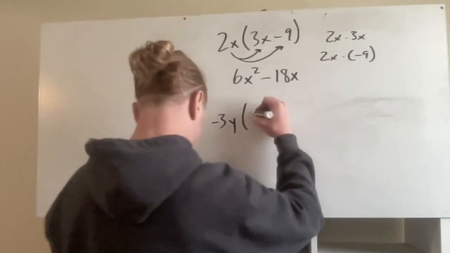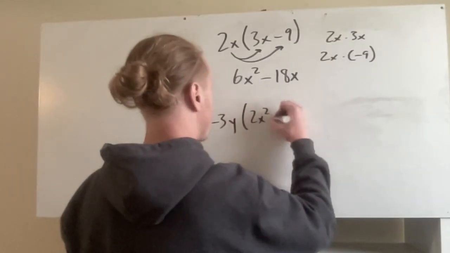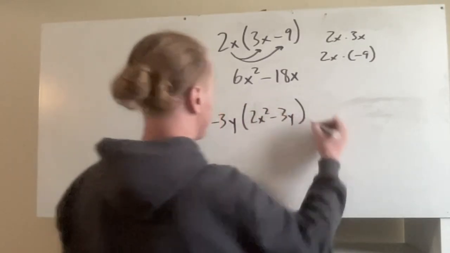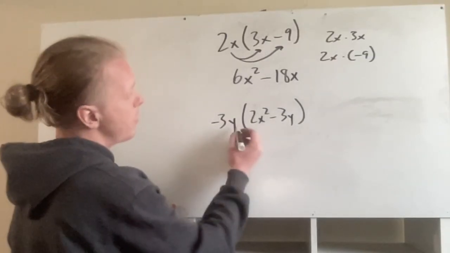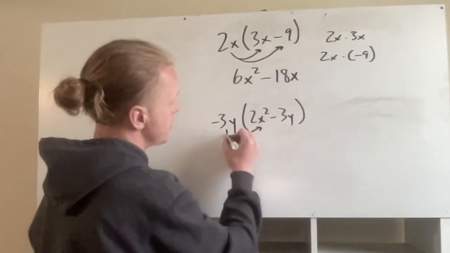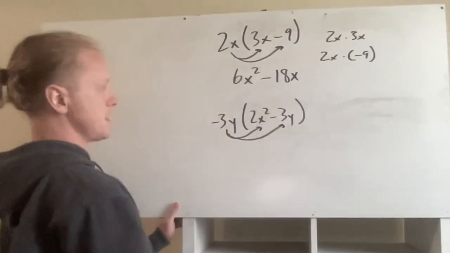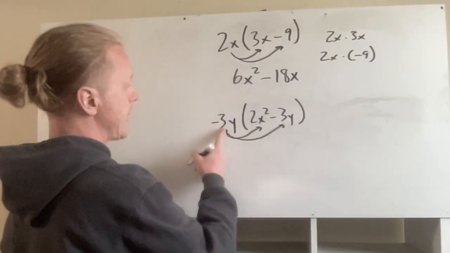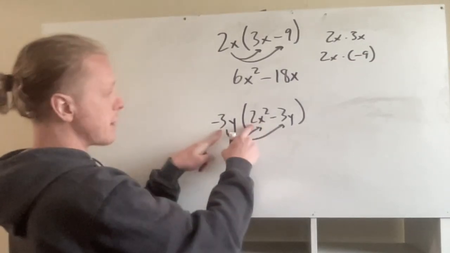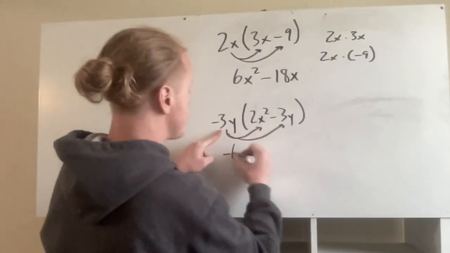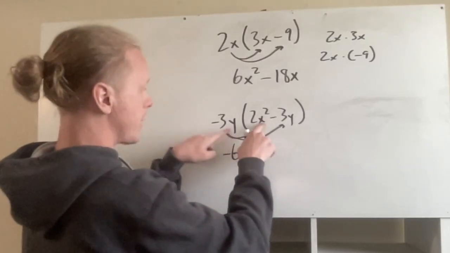Negative 3y times 2x squared minus 3y. So we're going to take this term, negative 3y, and multiply it by each term inside the parentheses. Negative 3y times 2x squared: negative 3 times 2 is negative 6, and then it becomes x squared y.